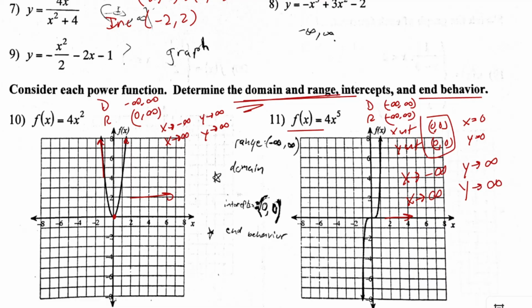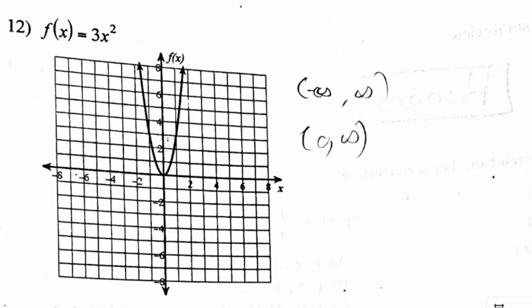And whoops, I made a mistake. On the left side, as x goes to -infinity that way, y is actually going down to -infinity. There we go. So this one, pretty much the same thing. Domain is -infinity to positive. The range is, let me go back and check that last one. The range is closed bracket 0 to infinity, open bracket.